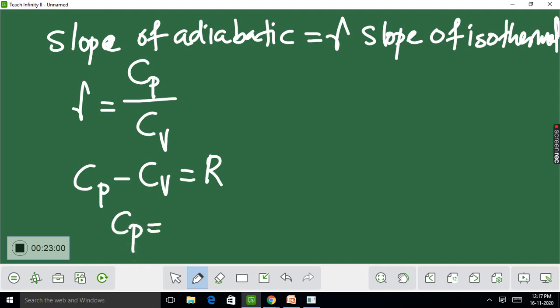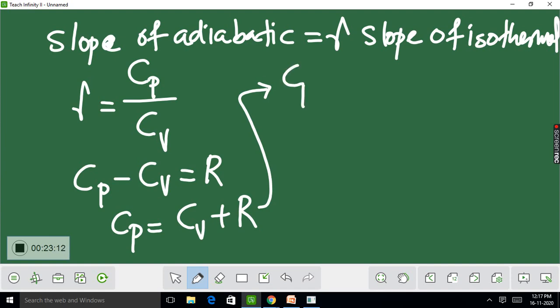From this we can write Cp equals Cv plus R. So it is evident that Cp is greater than Cv. The specific heat capacity at constant pressure is greater than the specific heat capacity at constant volume.